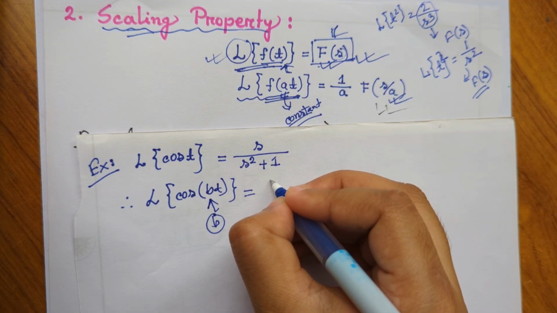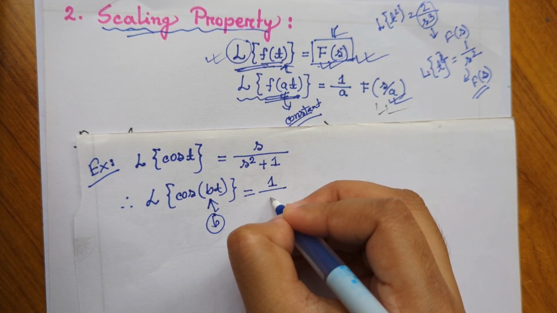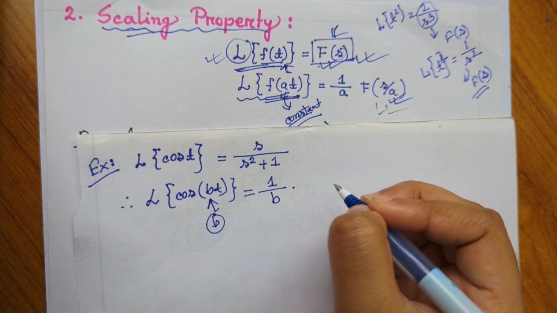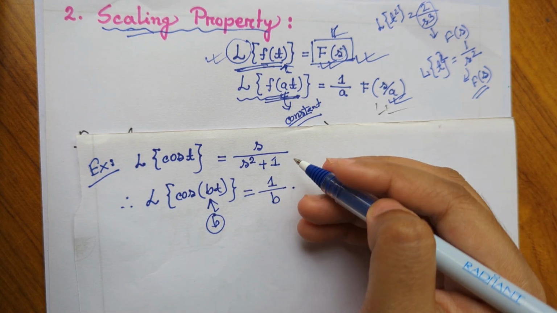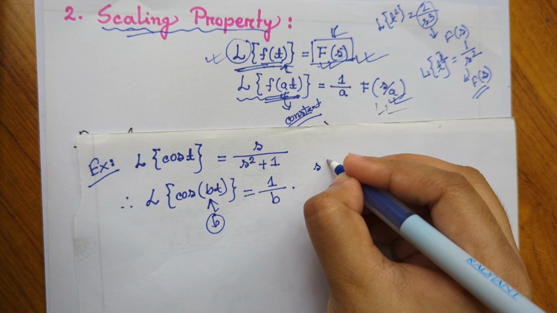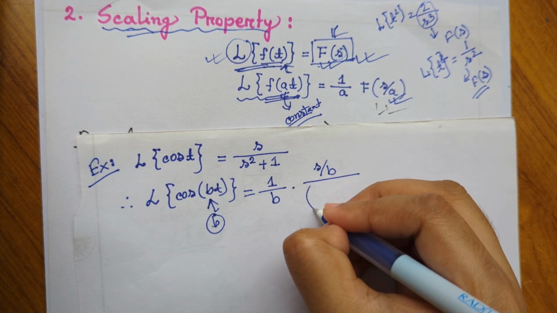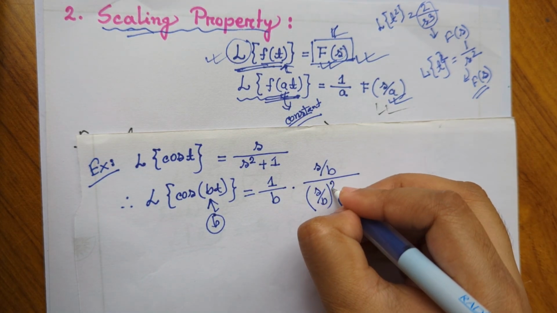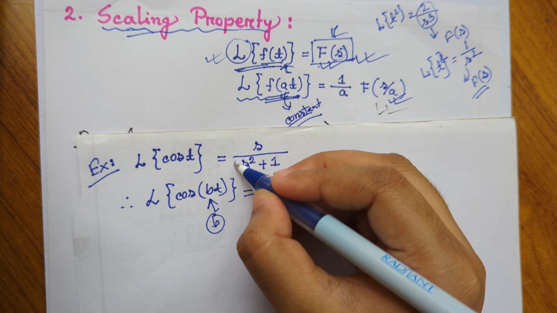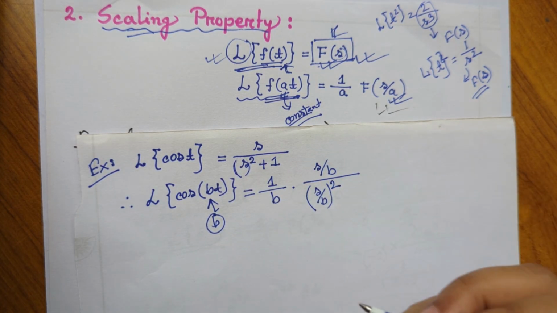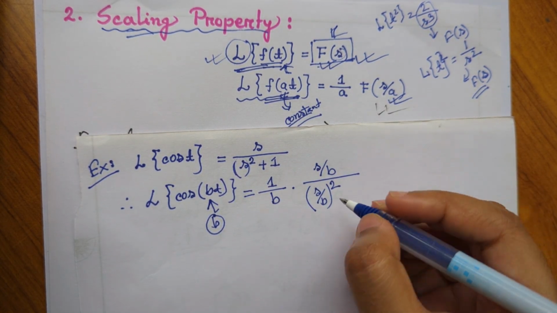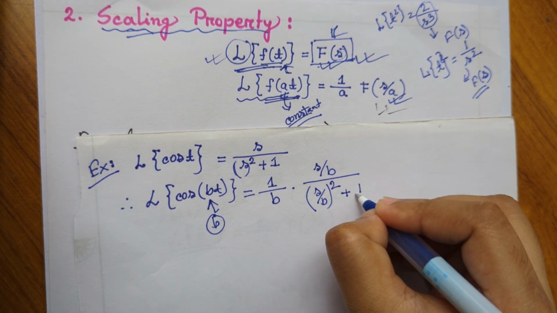At first we will write 1 divided by the constant, meaning 1 divided by b, into where s stays, we will write s divided by the constant. So at the top we will write s divided by b, and here s divided by b whole square, because we just write s divided by b instead of this s, and the square will remain the same, plus 1.